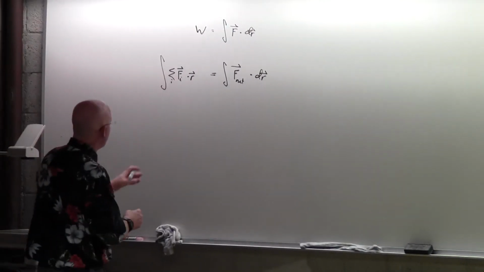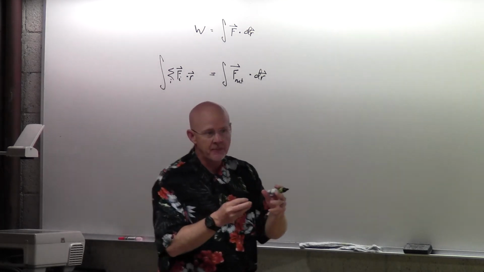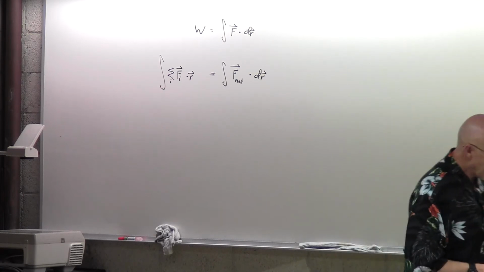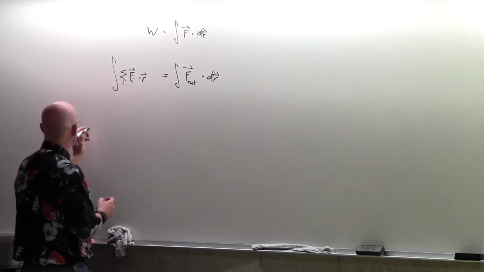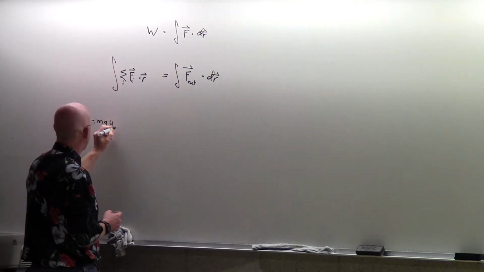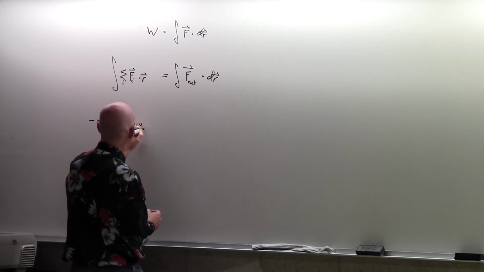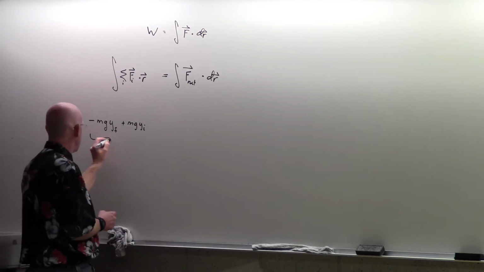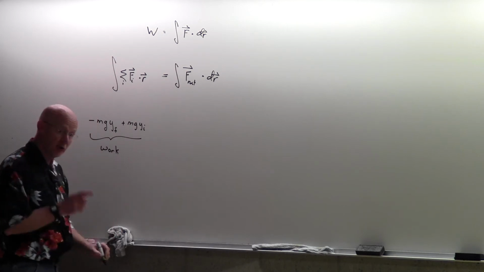When you are adding up the forces, there could be many forces. For example, one of them would be the force of gravity. If you put in the force of gravity, you would get a negative mgy final plus mgy initial. And so this was the work done by gravity.